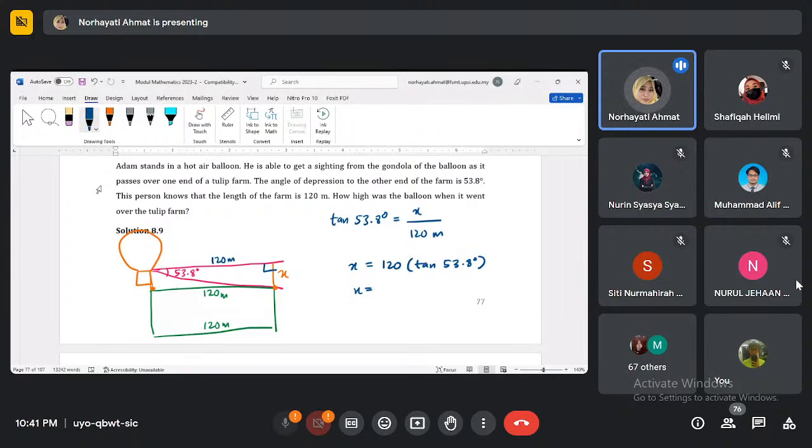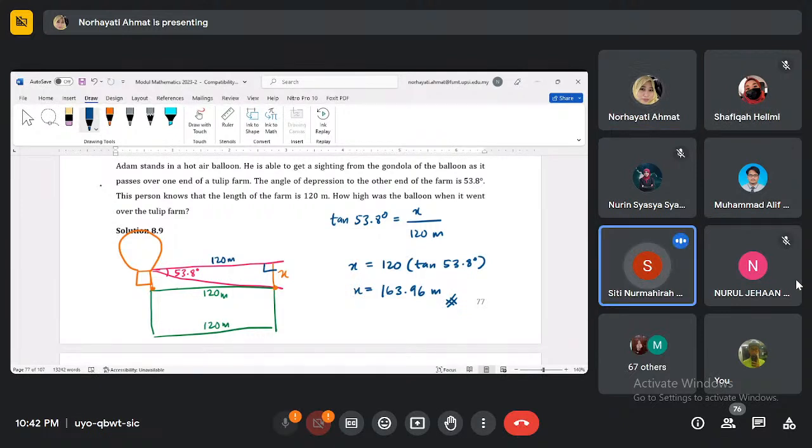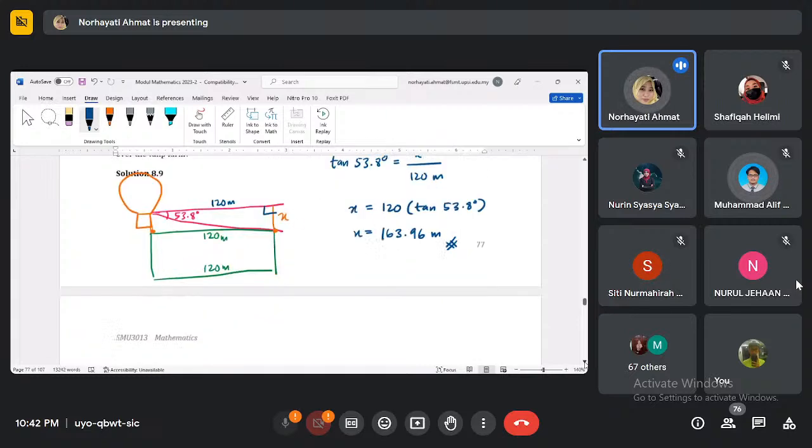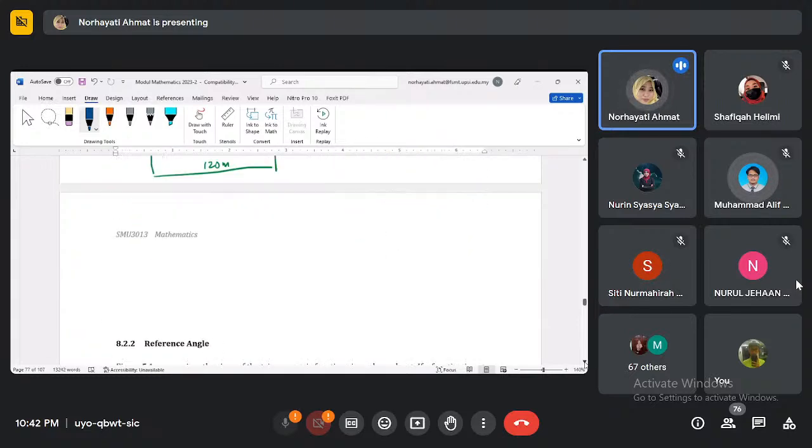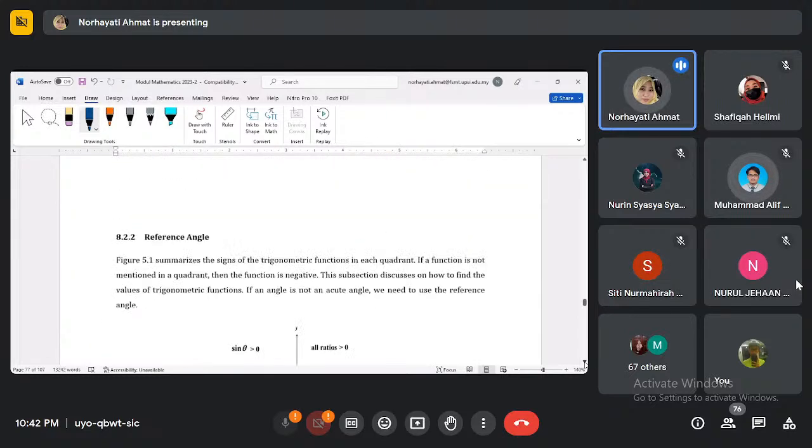Betul, 163.96 meter. Okay, this is the height of the balloon from the land. Alright, boleh kelas? Boleh. Okay, bagus. Sebab bila ada situasi macam ni, you kena draw supaya you nampak maklumat yang diberi.